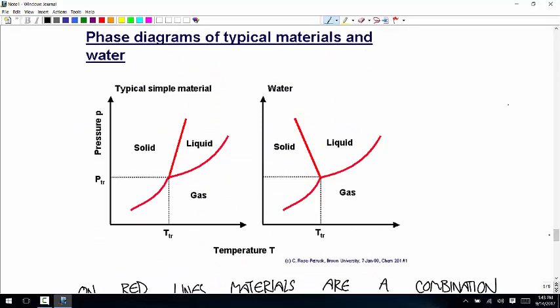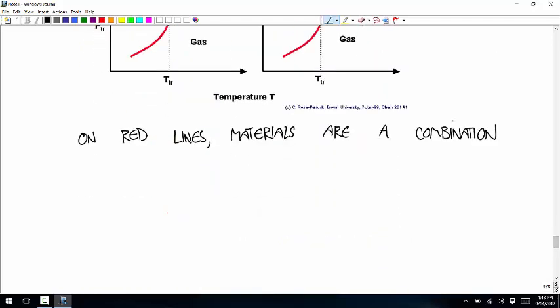Triple. Okay, so I'll talk about that in a second. Materials are a combination of the two phases.